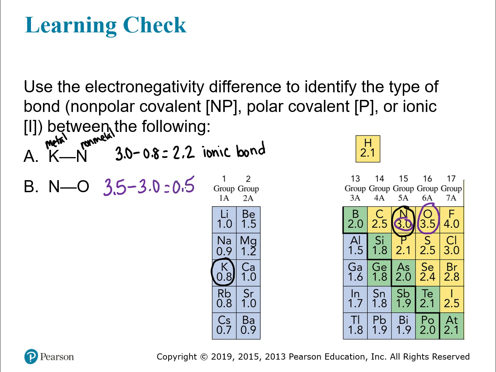Since it is 0.5 to 1.8, that means that it is slightly polar. We've got a polar covalent bond. And it's really that simple. Just a little bit of subtraction.